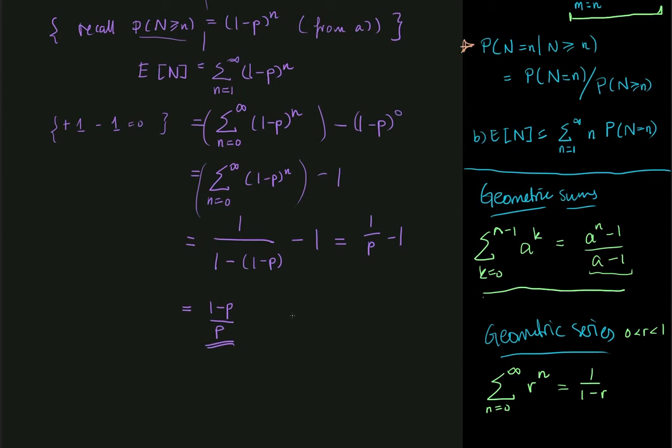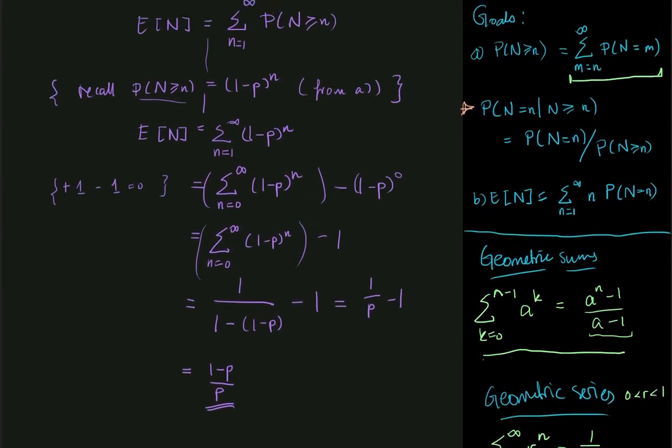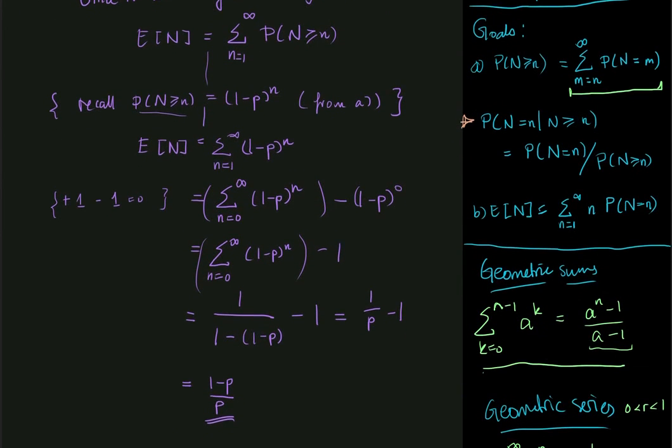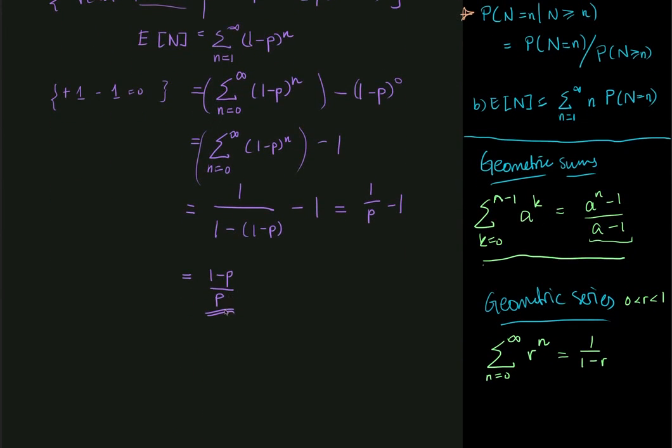So this is the mean value of a geometrically distributed random variable n. And this is also what we will then call the expected remaining lifetime of a person, in the case that n is geometrically distributed, of course.